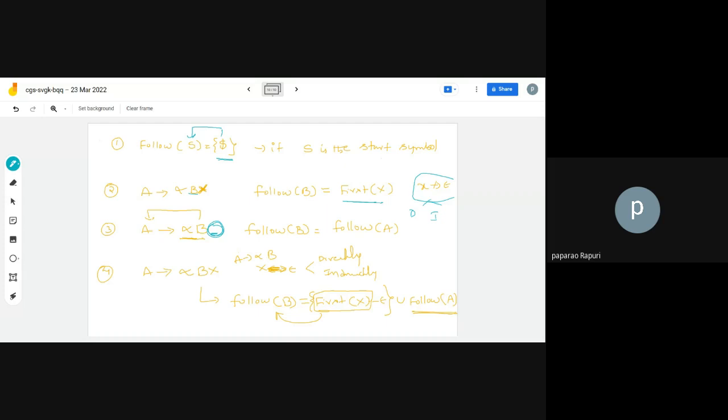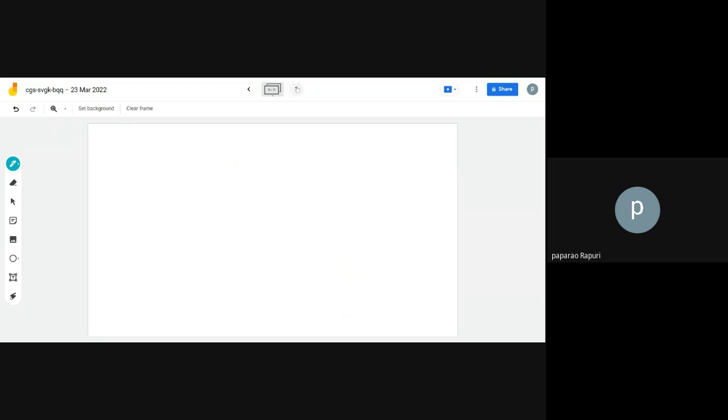In that case, follow of B is equal to first of X minus epsilon union follow of A. These are the rules for constructing follow.